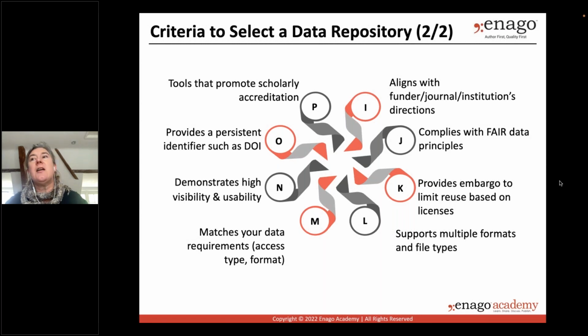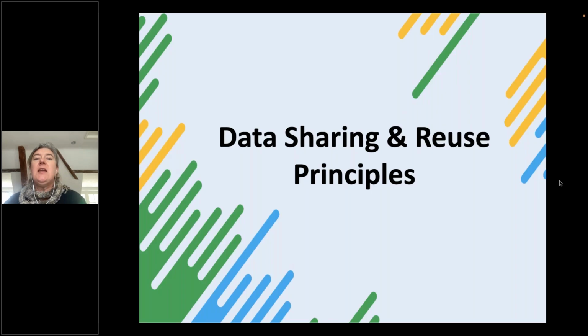So that's things like, is there evidence of good usage? Can you see downloads? Can you see who's using or reusing your data? Are you provided with digital object identifiers? Is it connected with any scholarly communication networks or other organisations that are going to help you build your own researcher story as well?